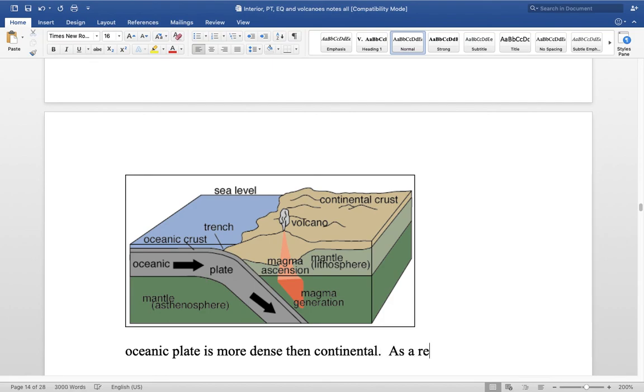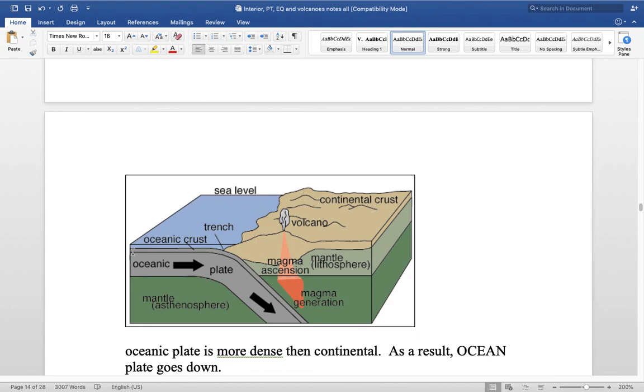As a result, ocean plate goes down. Whenever you mix two things, and one thing is more dense and the other thing is less dense, the thing that's more dense goes down. So if I mix oil and water, the oil floats because the oil is less dense, the water is more dense. If I put a rock into water, other than pumice, okay, rocks are more dense than water, so they went to the bottom. And that's why he did that lab, okay?